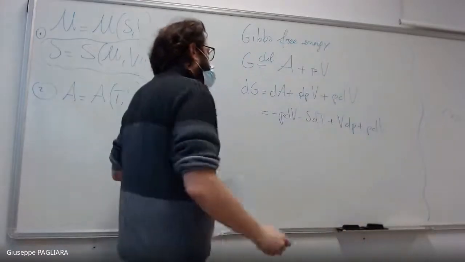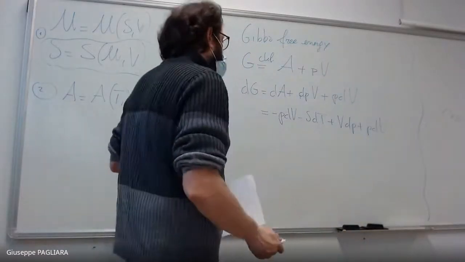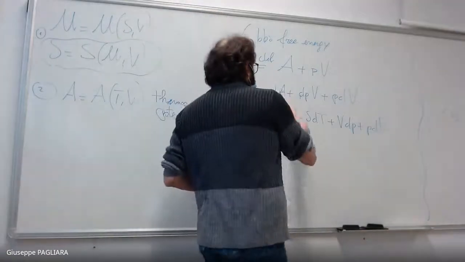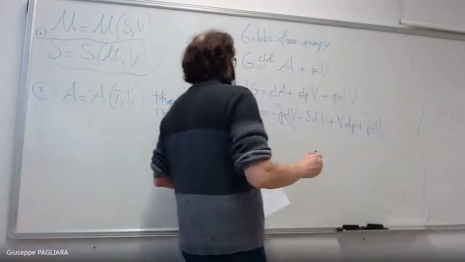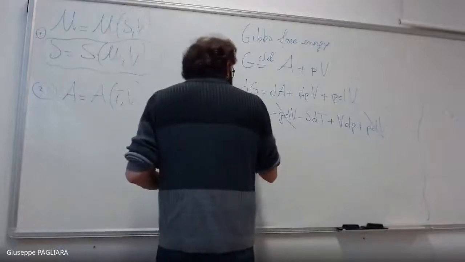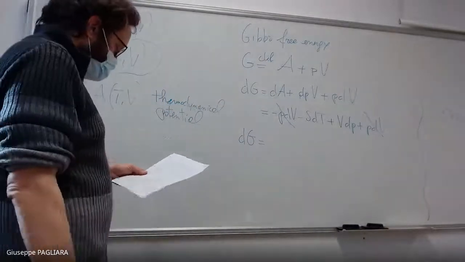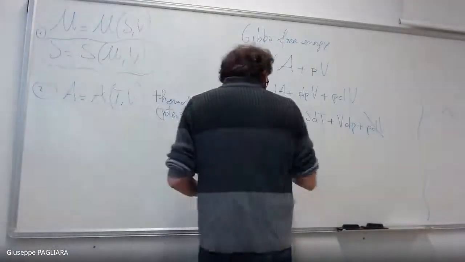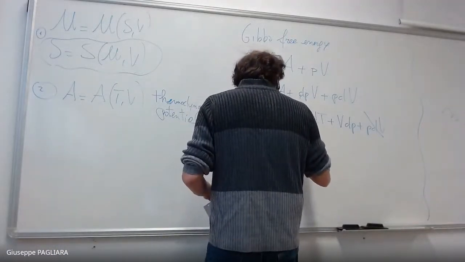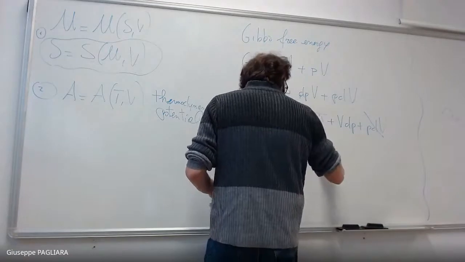And therefore, I have a P dV that can be removed, and dG now is equal to V dP minus S dT.